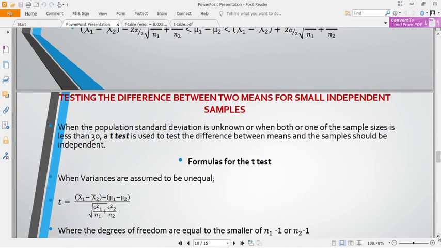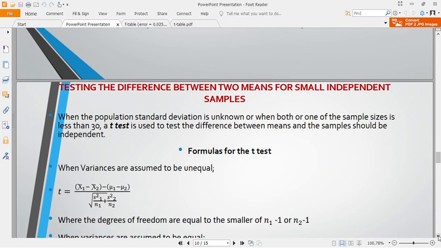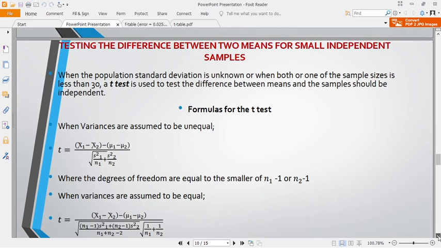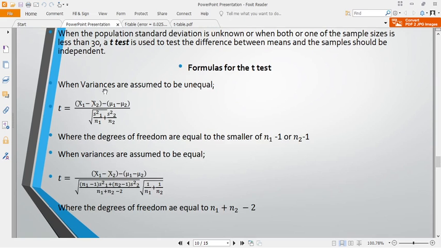So now we are going to look at testing a difference between two means for small independent samples. Remember, we've been using the Z test when each n is greater or equal to 30, but when it is less than 30, or when the standard deviation of the population is not known, then we use a t-test to test the difference between the means, when the variances are assumed to be unequal.